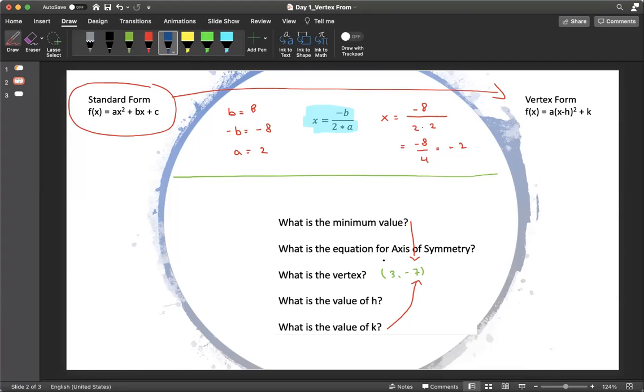And that also means that our axis of symmetry is going to be 3, and our h value is also a 3. So once you get to vertex form, you have all the information necessary to answer these 5 questions.